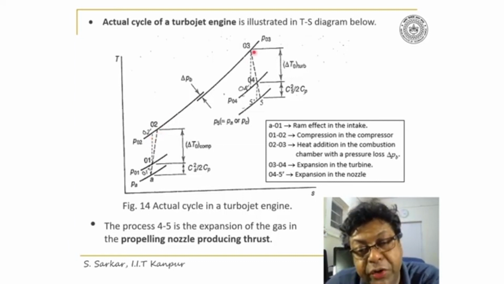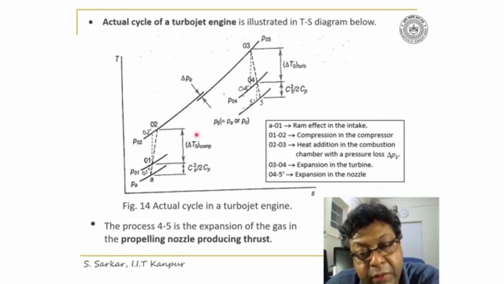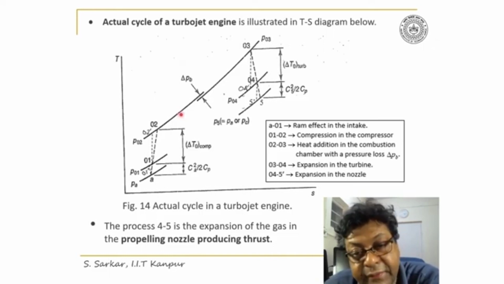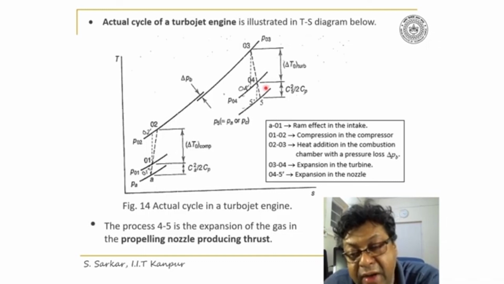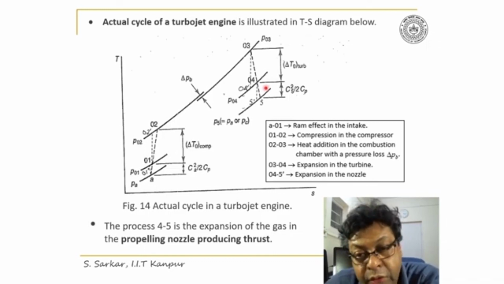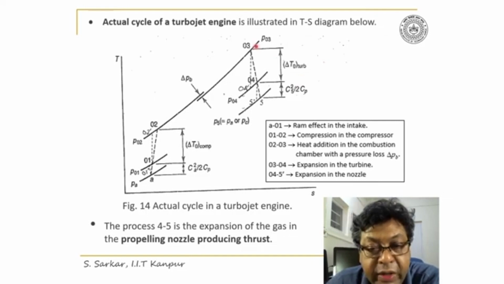Now 02 to 03 represents the heat addition in the combustion chamber with a pressure loss delta PB, and 03 to 04 indicates expansion in the turbine where the temperature drop is given by delta T0 and the corresponding isentropic expansion is T03 to T04 dash.